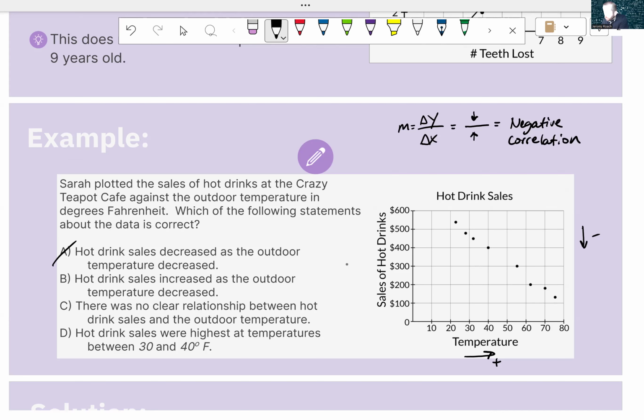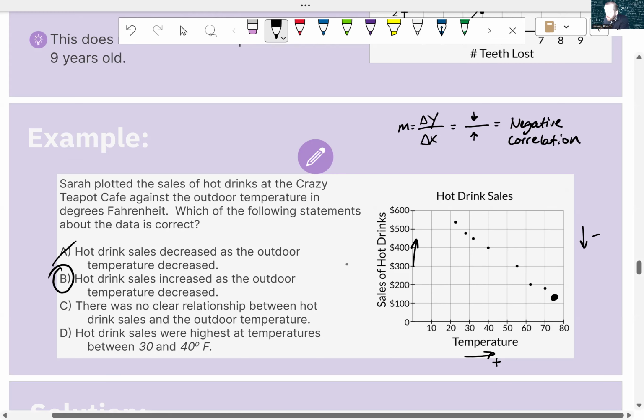Let's see what's happening. These are going up, and it says as temperature decreased. If we start at this point here, we can see that the drink sales are increasing as we go up and up and up. And we can also see that as we go up and up and up, the temperature is going down. So in this case, it is B.